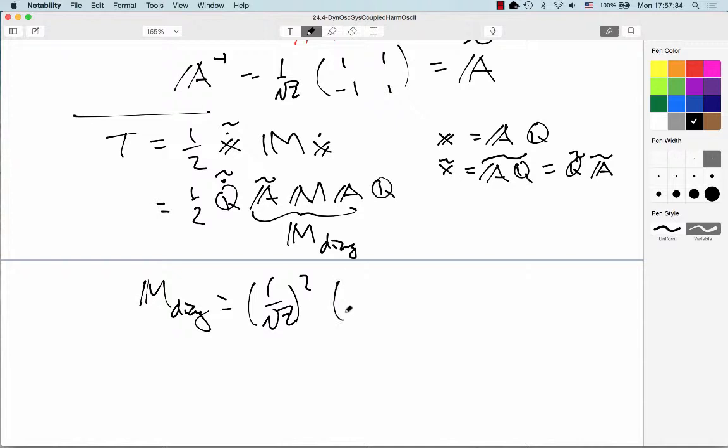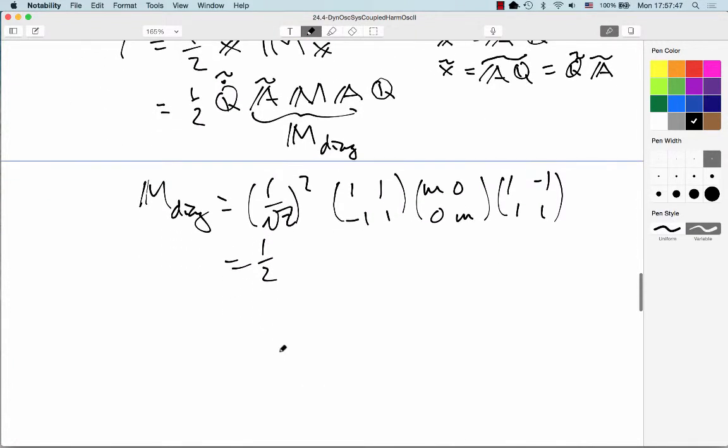And then I'm going to be multiplying 1, 1, minus 1, 1, M 0, 0, M, 1, minus 1, 1, 1, right? So we get a half. All right, so let's do 1, 1, minus 1, 1. We'll do this one first.